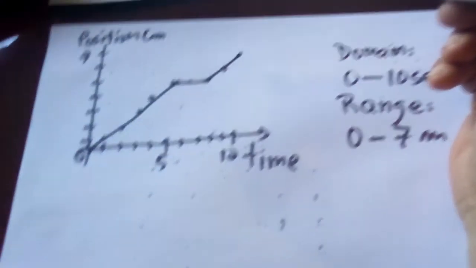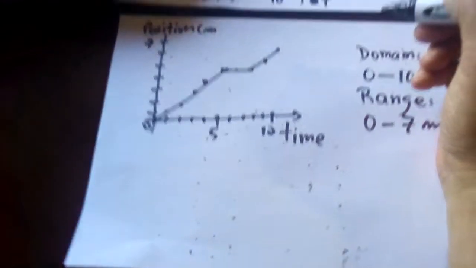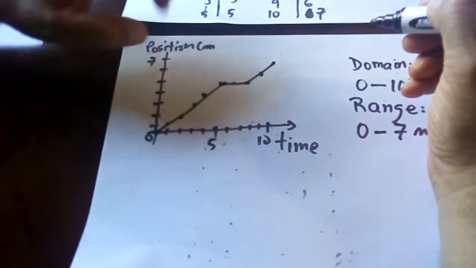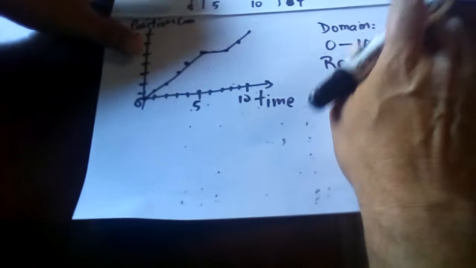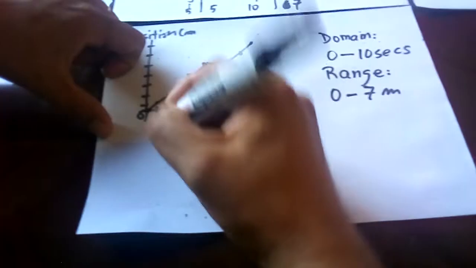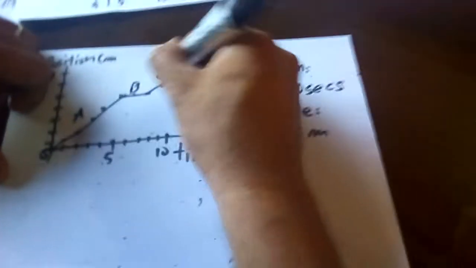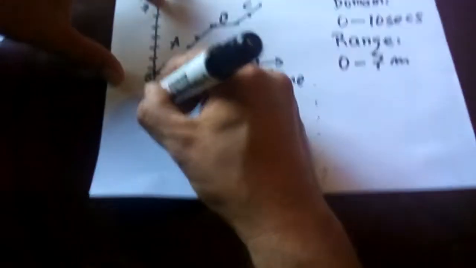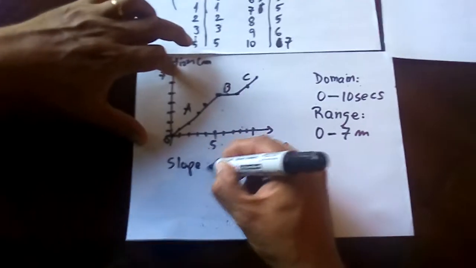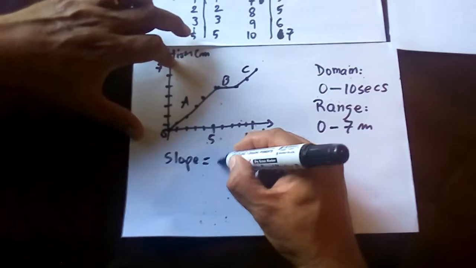This is the graphic representation of the chart. So we have the chart and we have the graph. Next thing we need to know is to calculate the slope, but there are three segments, A, B, and C. To calculate the slope is the same as to calculate the speed.